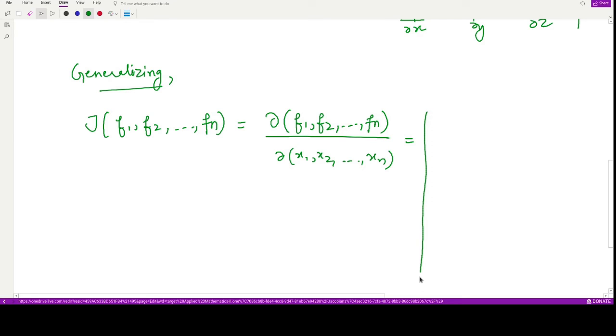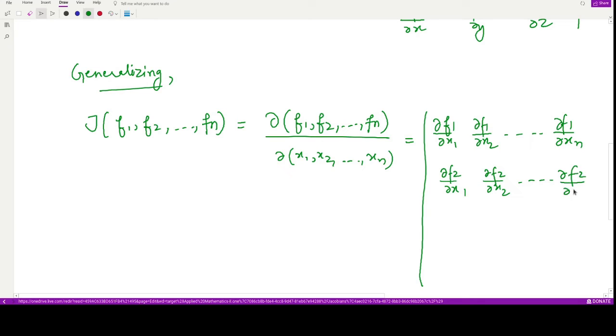This would be the determinant of del f1 by del x1, del f1 by del x2 up to del f1 by del xn, and then del f2 by del x1 up to del f2 by del xn, and so on, up to del fn by del x1 up to del fn by del xn. This is the general formula.